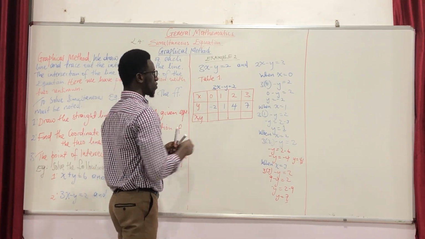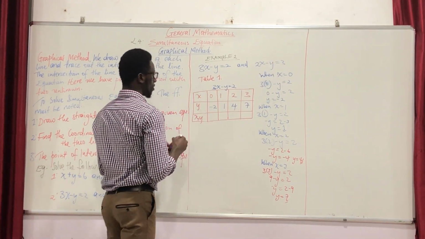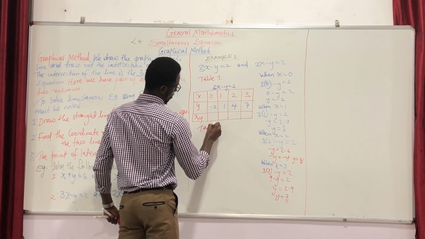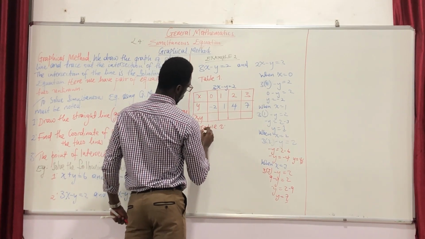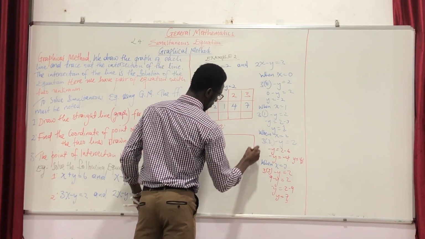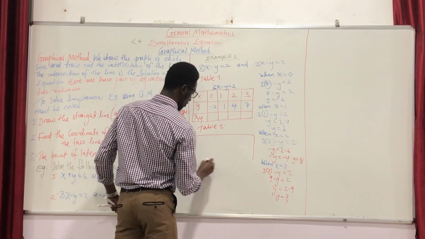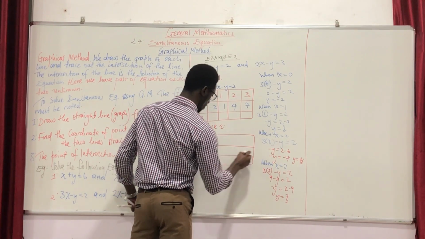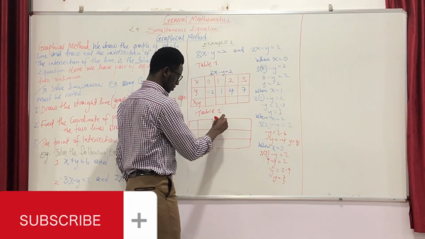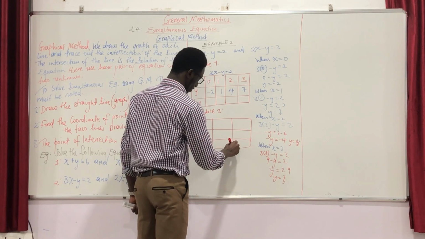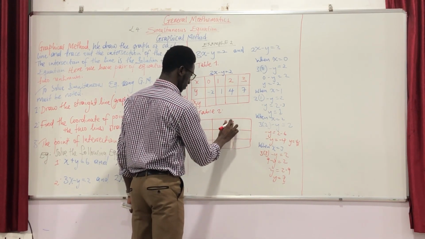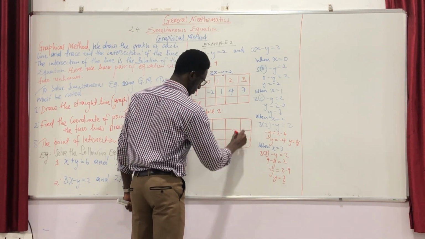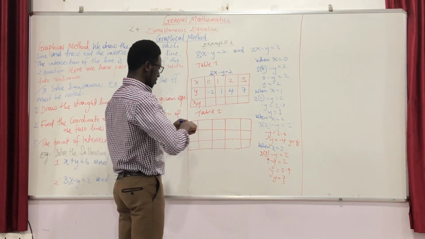So now table 2 for this second part of the equation. We divide this into 4 again.